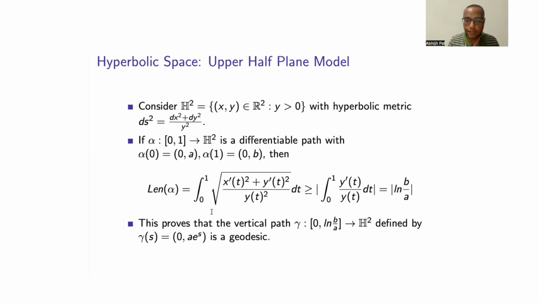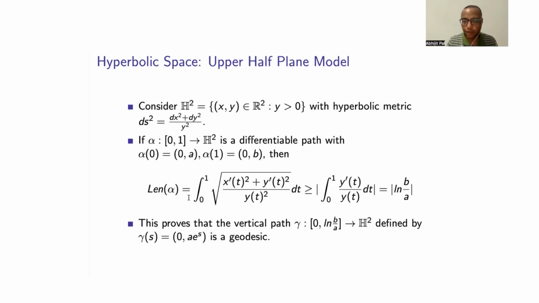Suppose alpha(t) is (x(t), y(t)). Then the length of alpha is the integral from 0 to 1, where the unit interval [0,1] is the domain of alpha, of the square root of x prime(t) whole squared plus y prime(t) whole squared, divided by y(t) squared, dt.